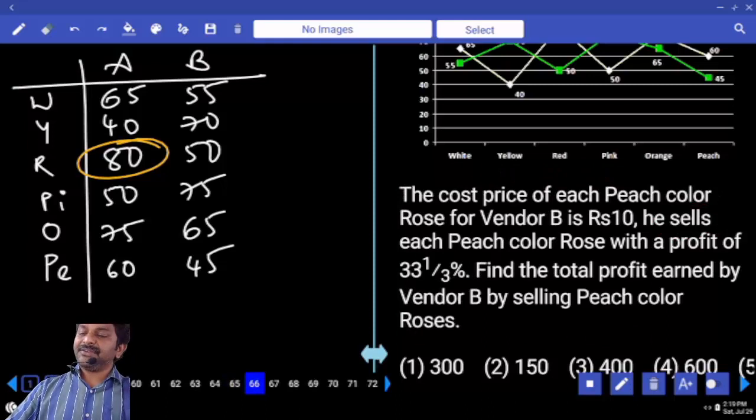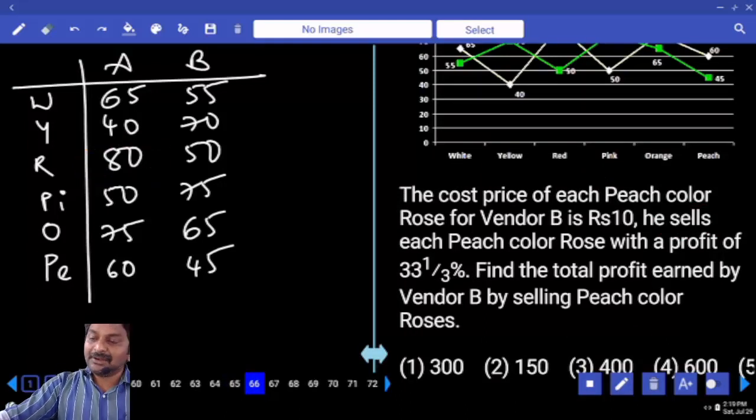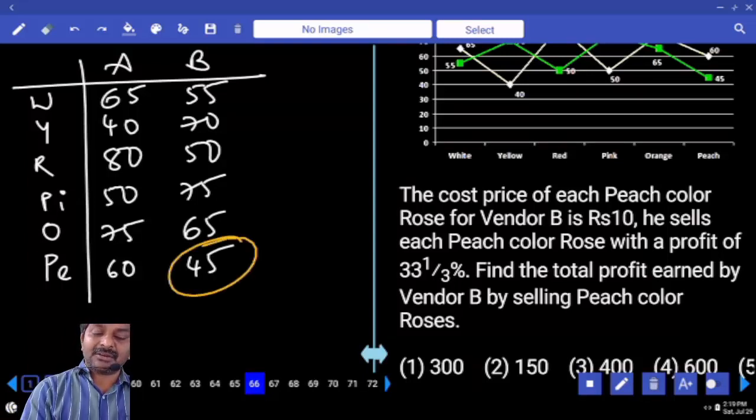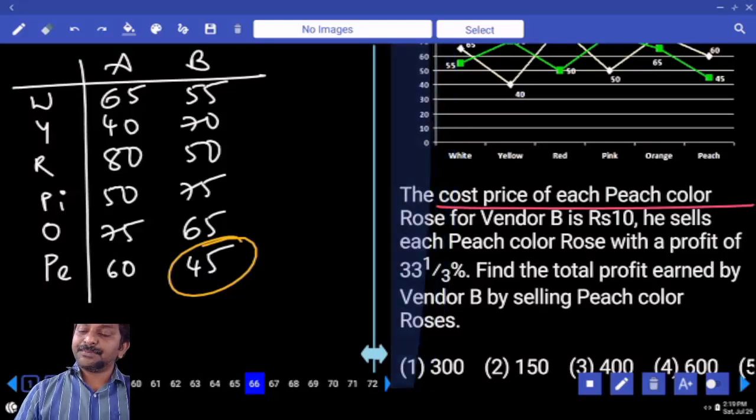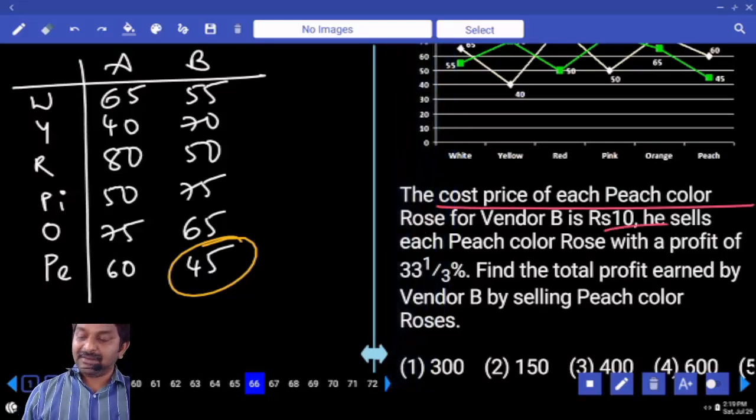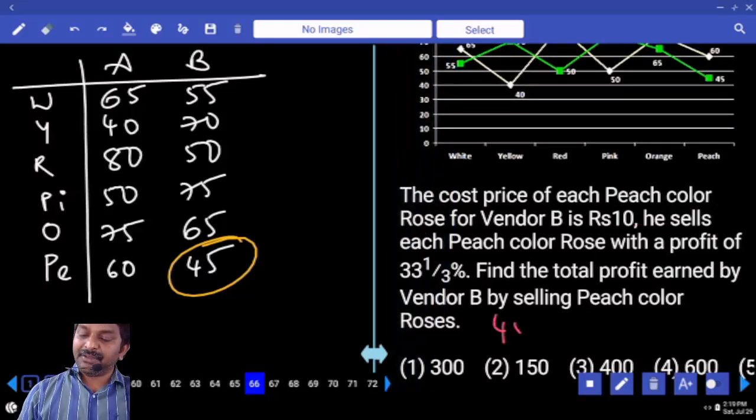Next. The cost price of each peach color rose for vendor B is 10 rupees. If he sells each peach color rose with a profit of 33 1/3%, find the total profit earned by vendor B by selling peach color roses. B, peach color roses, how many are there? 40. And then cost price, they mentioned it as 10 rupees, right? Then total cost price is 450 only.